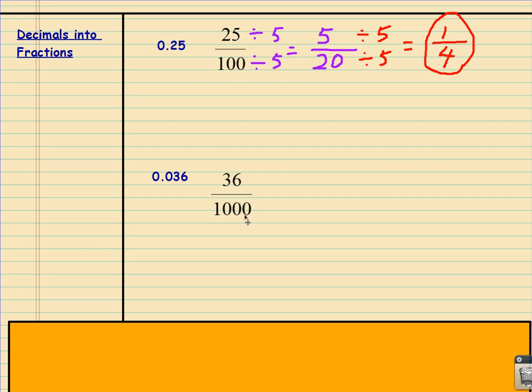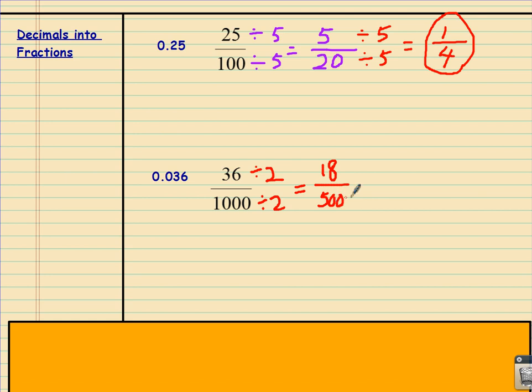Well, any factors of 1,000, that's a really big number. I don't want to list all the factors, so I notice that both these numbers are even. I'm going to start by dividing by 2 and see where I go from there. 36 divided by 2 is 18. 1,000 divided by 2 is 500.